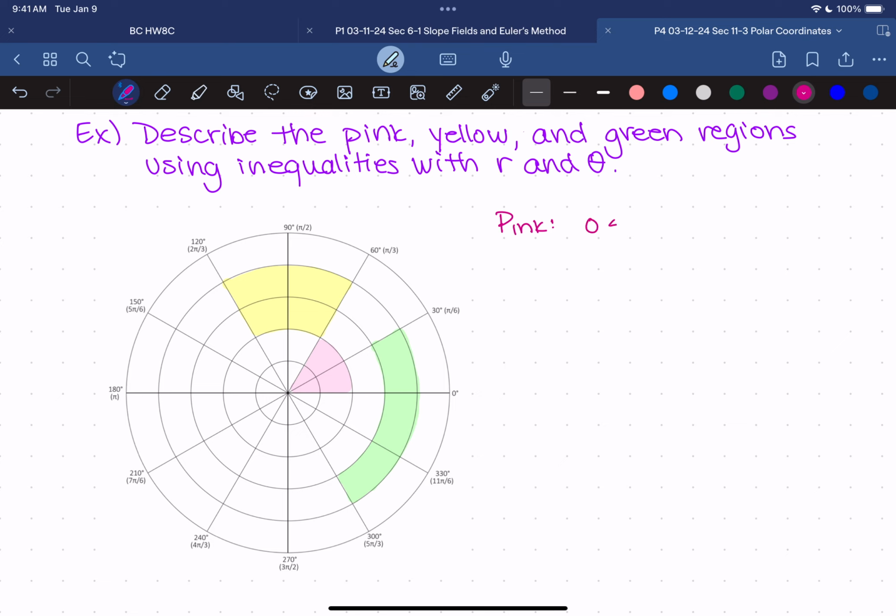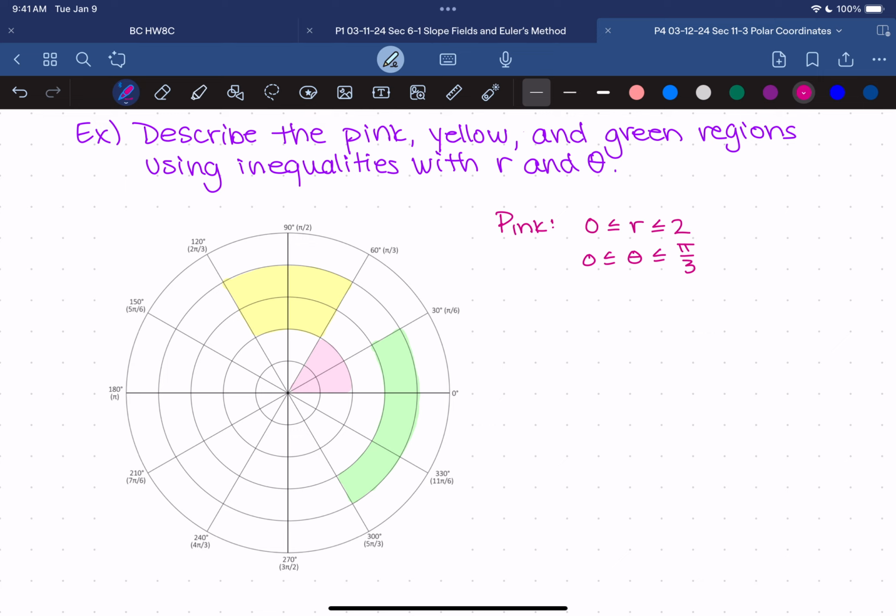So pink is 0 is less than or equal to r, is less than or equal to 2. And then as far as theta goes, everything in the pink region starts at 0 and goes to pi over 3. So 0 is less than or equal to theta, is less than or equal to pi over 3.